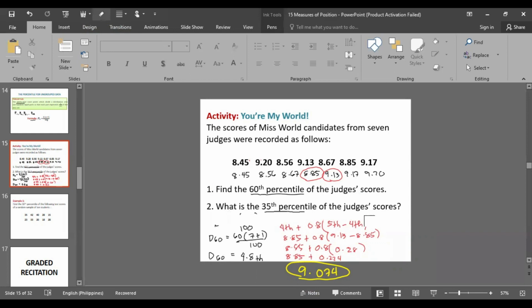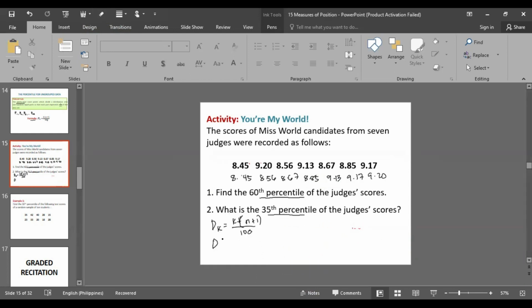Let's have the 35th percentile of this distribution. Replace K by 35. Replace N by 7. Therefore, the 35th percentile can be found in 2.8 position of this distribution. Again, it's a decimal number, so the 35th percentile can be found somewhere between the 2nd and the 3rd score point.